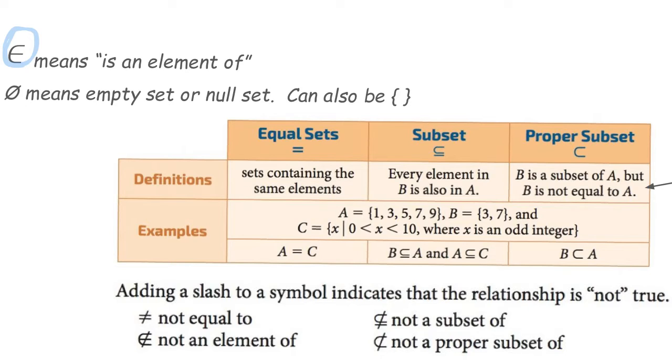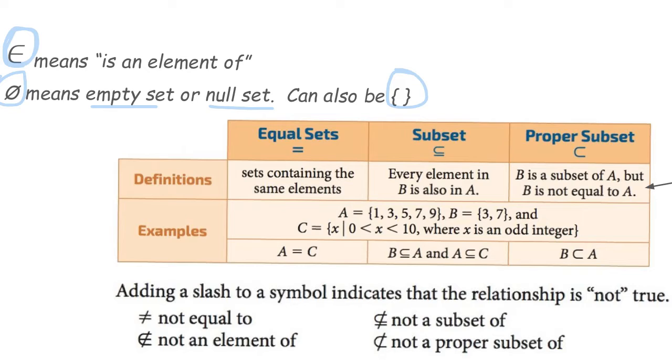So Miss Peacock would be an element of that set. This little zero with a slash through it or the empty braces signifies an empty set or null set. Those are kind of interchangeable terms. So understand that empty set and null set are interchangeable.